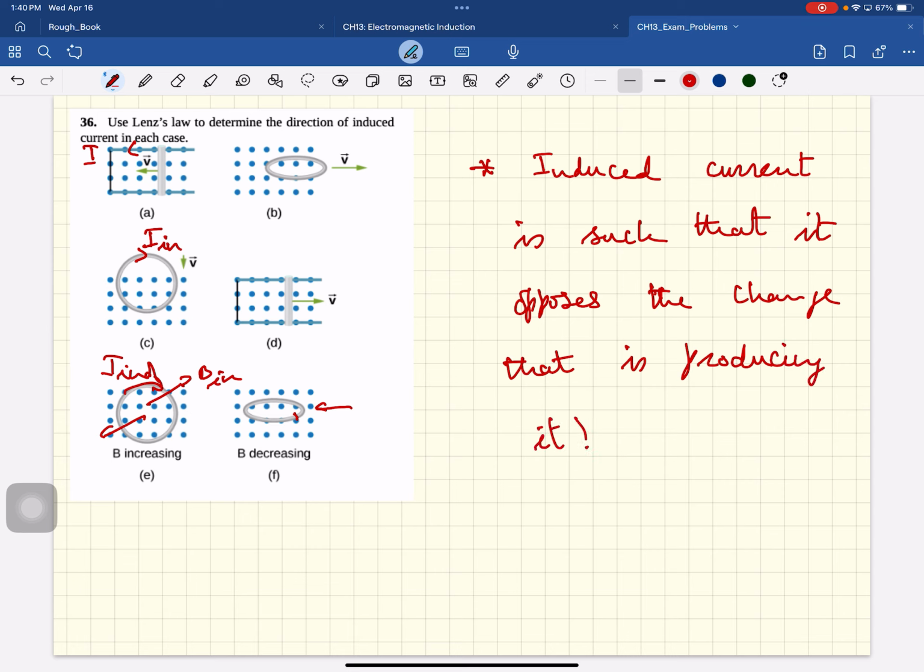That's the statement. That's Lenz's law. So if the magnetic field is increasing in this direction, flux is increasing in that direction, you want an induced current which will oppose the change, meaning produce a magnetic field in that direction.